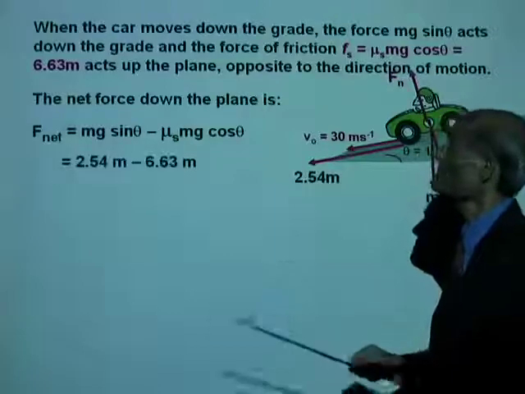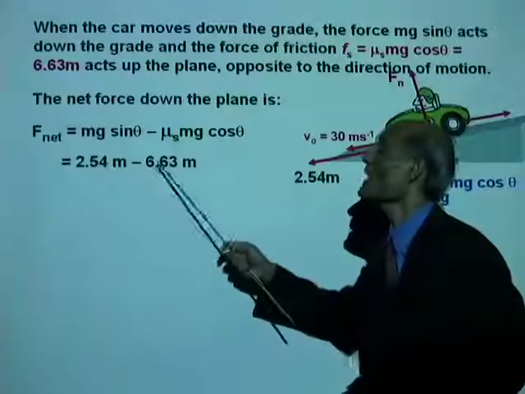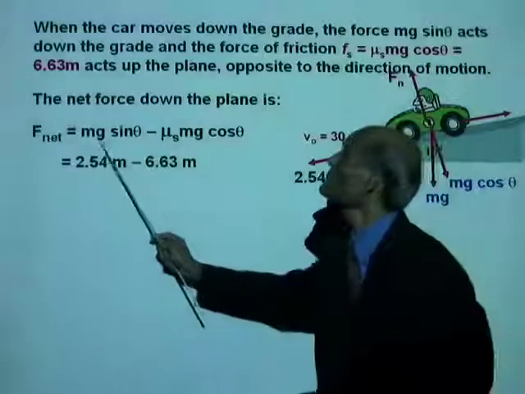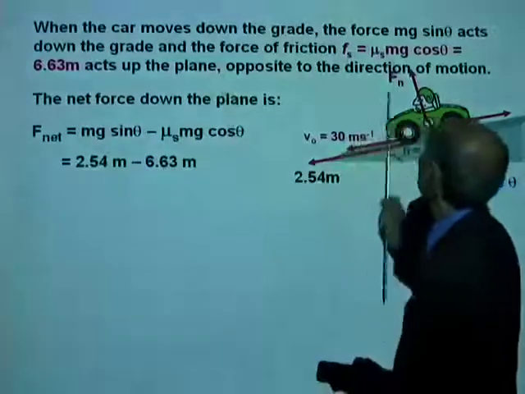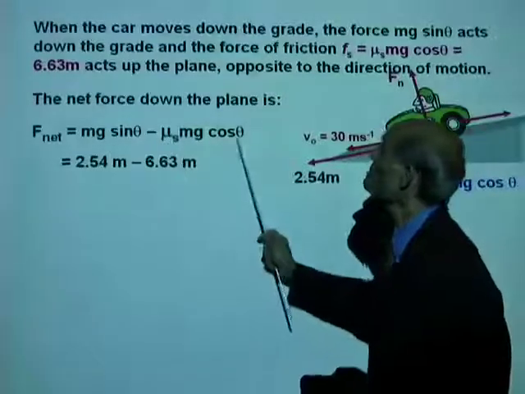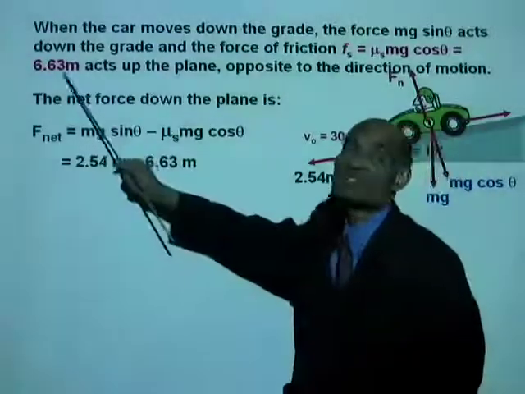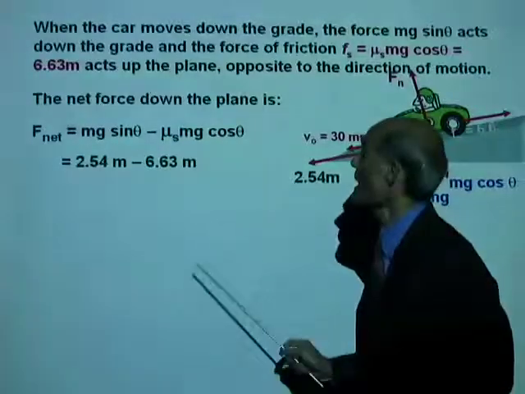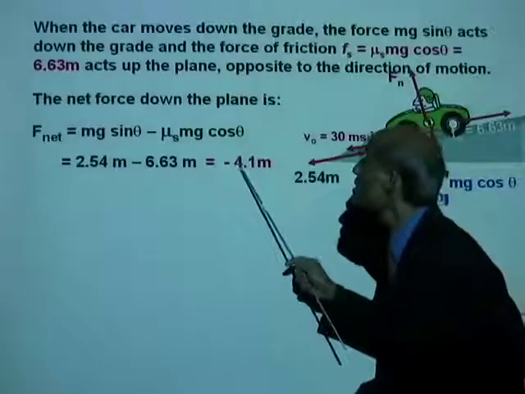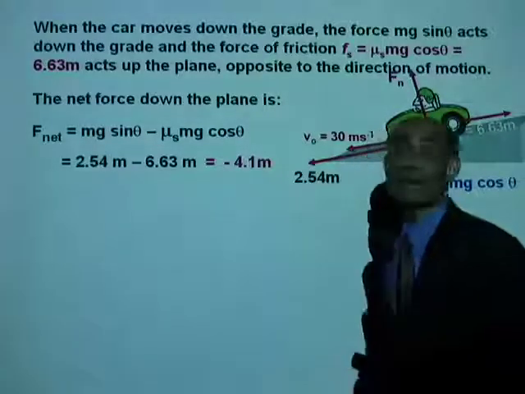And what is that equal to? 2.54 m minus 6.63 m. mg sine theta we calculated earlier is 2.54 m. Mu s mg cos theta is 6.63 m. And that will be, how much is it? And that is negative 4.1 m.